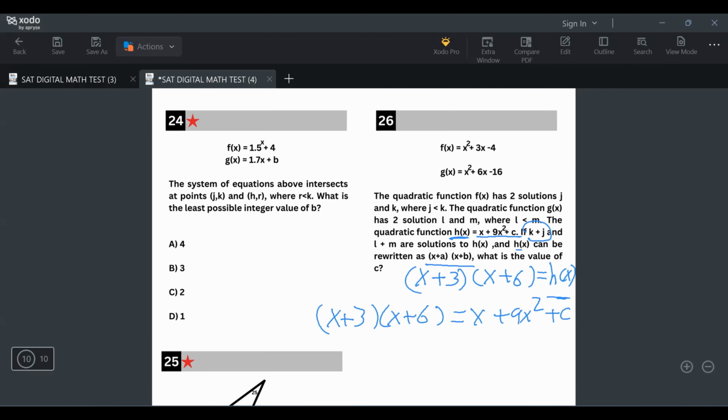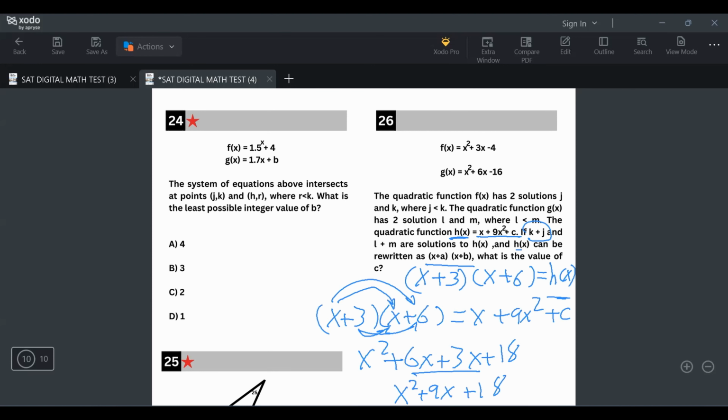Expanding, we have x multiplied by x is equal to x power 2, x multiplied by 6 is 6x, 3 multiplied by x is 3x, and 3 multiplied by 6 is 18. So 6x plus 3x is equal to 9x, added to 18 and x power 2.